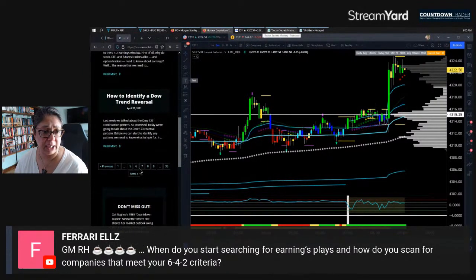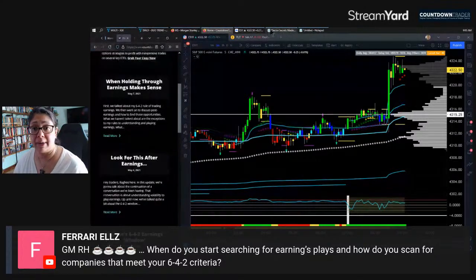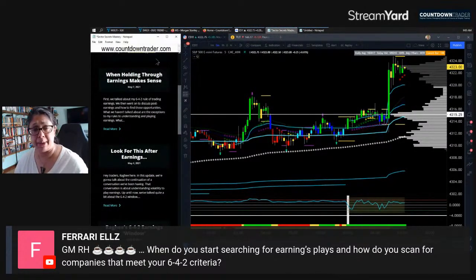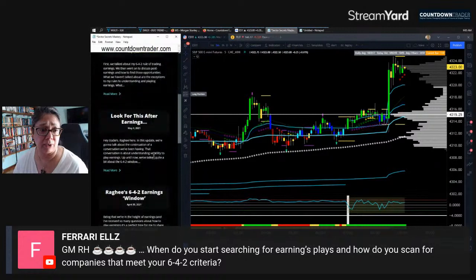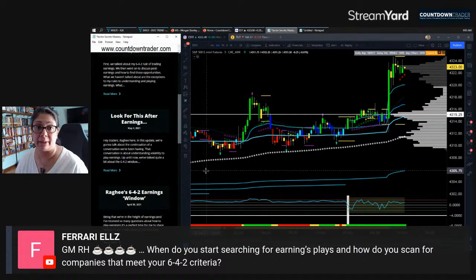Page 6 of countdowntrader.com has a full explainer on the 642 earnings window. And what's really cool is Trish has both what to look for and also what to do after earnings. So pre and post. Check out those two updates. We posted those back in April. This is a process that I've been using for many, many years. So double green and on that Estimize calendar. That's the basics of it. So start there, my friend.